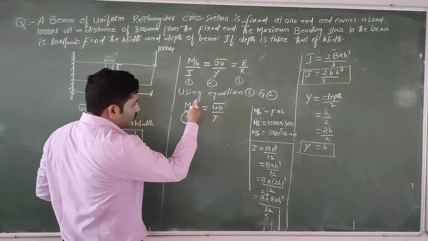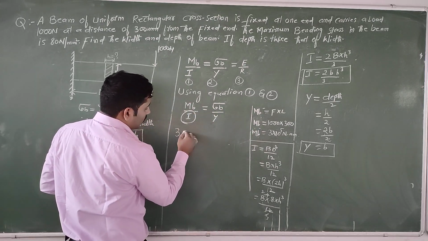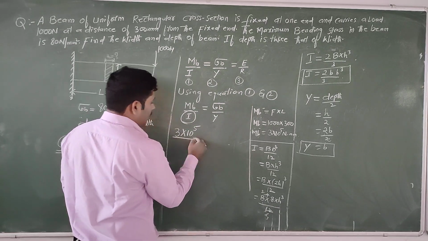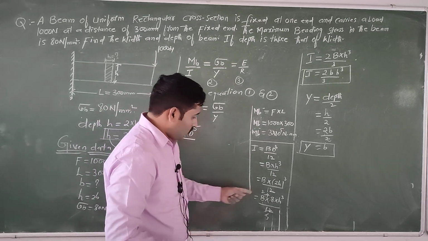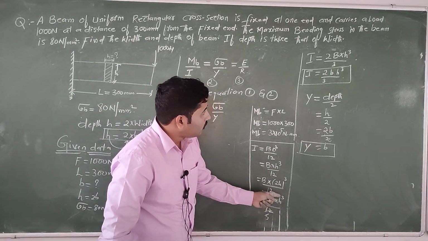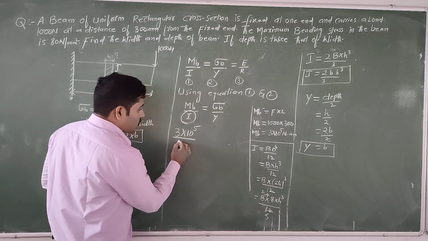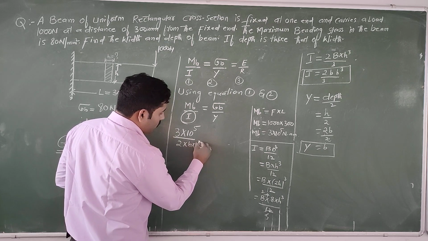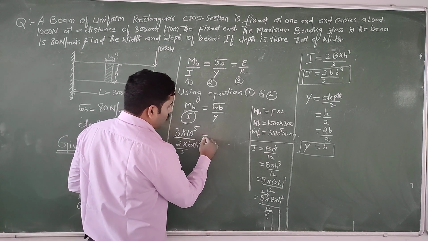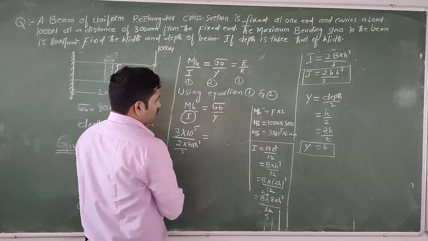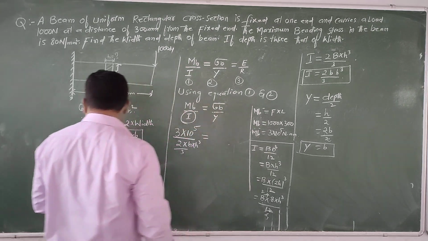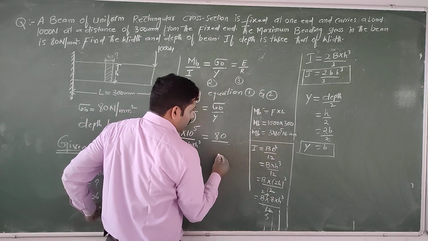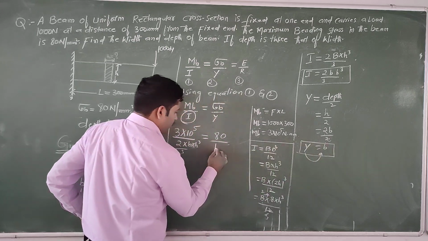The same value you need to substitute over here, 3 into 10 power of 5, by I value, which is how much? 2 into bh cube by 3 equal to sigma b value. Sigma b value is given as 80. Y value is given as b.